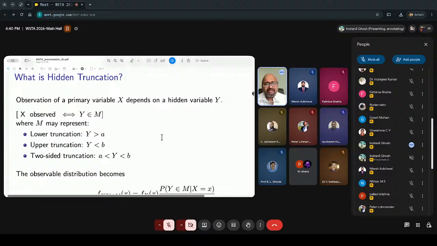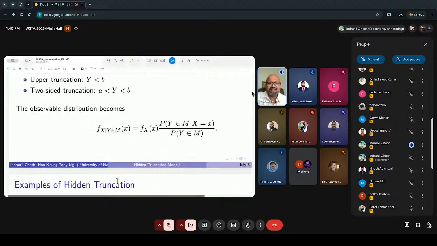Now, typically, this type of model, it's a standard exercise, would give us this scenario: the hidden truncated probability model of X given Y belongs to that M. M could be either one of those three situations.